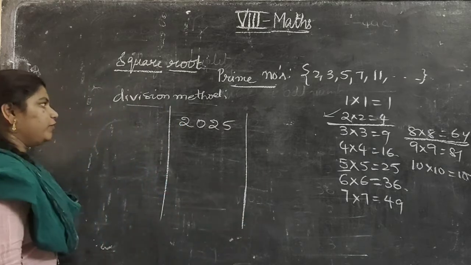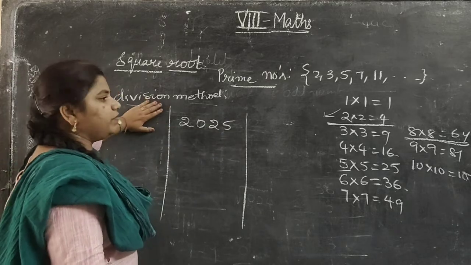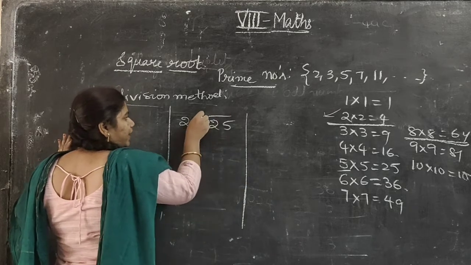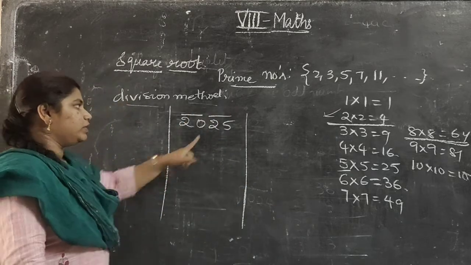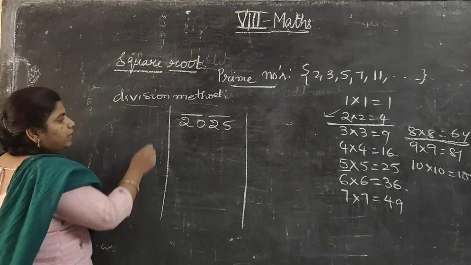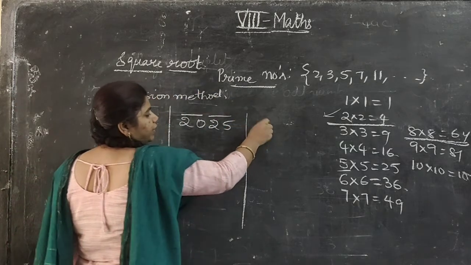So what we have to find? We have to find the square root of this 2025 by using the division method. So the first step is, from the right side, first you pair the values. Every 2 digits will be equal to 1 pair. First pair, second pair. Now what is the second step? Whichever number you multiply on this side, the same number should be multiplied here also.